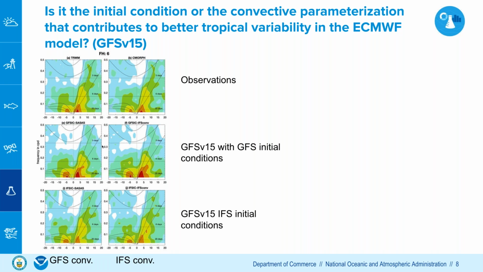And then on this row here, we have GFS version 15 using the GFS initial conditions. And on this row, we have GFS version 15 using the IFS initial conditions. So you can see right off the bat at a 6-hour forecast, the GFS, when using IFS initial conditions, has better space-time variability seen in these Wheeler-Kiladis type diagrams, in particular probably in the Kelvin wave band, but also somewhat in westward propagating waves.